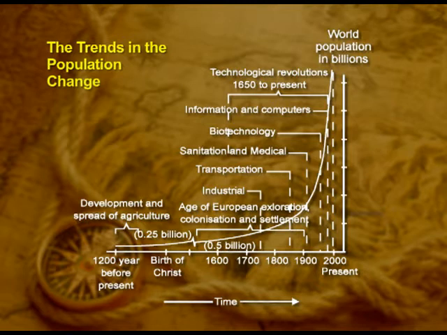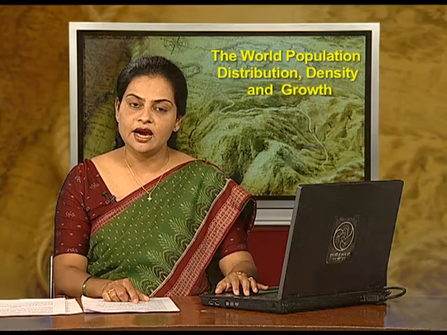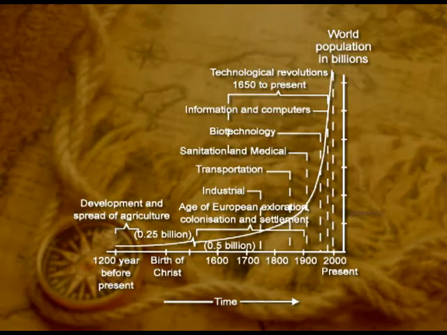They settled there because the resources available in those regions attracted them. We see a considerable increase in population. Around 1750, at the dawn of Industrial Revolution, the world population was 550 million.